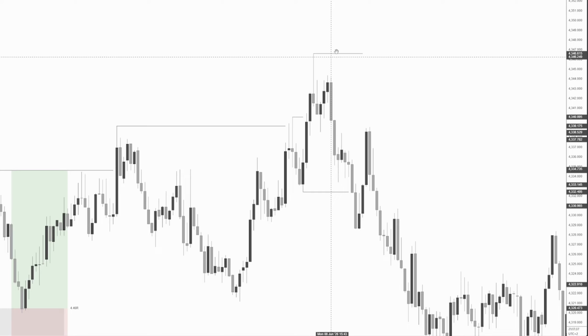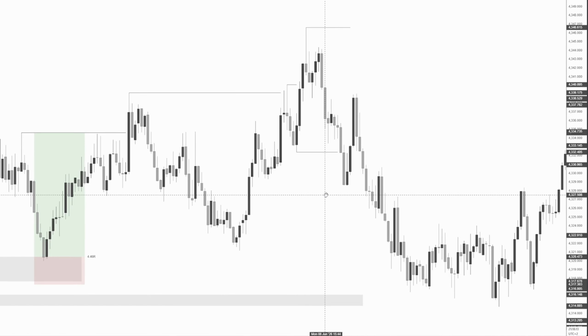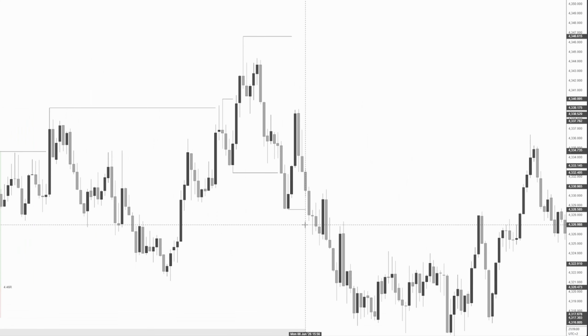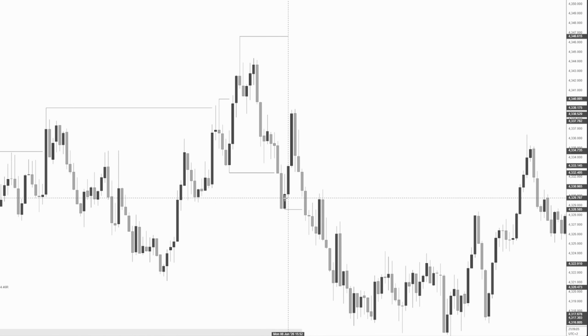Now, we didn't get a break up, instead we got a break down. So, to recap, we are expecting a short reversal in the context of having a point of interest below, which is great. Probably know how it goes by now. If either side gets broken, move it to the highest point within that range, or lowest if it's on the downside.